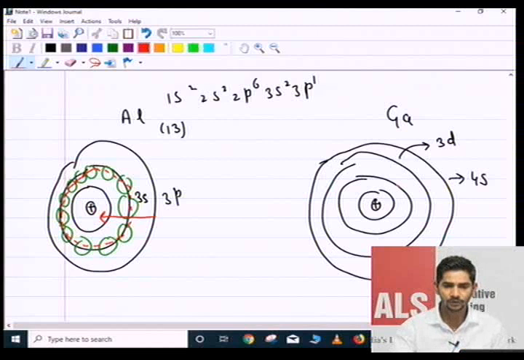Okay, but now if I talk about this one, guys, the shape of 3d, if you remember, is double dumbbell.